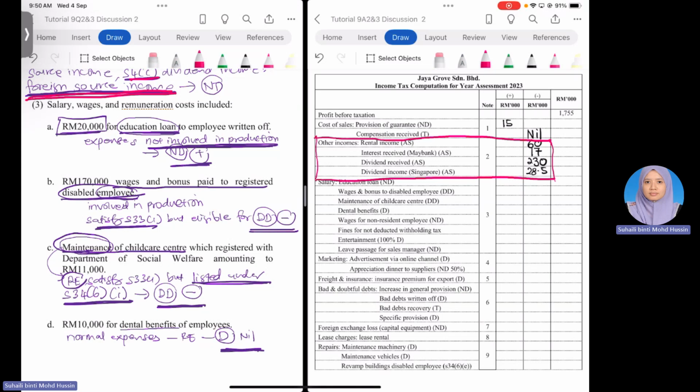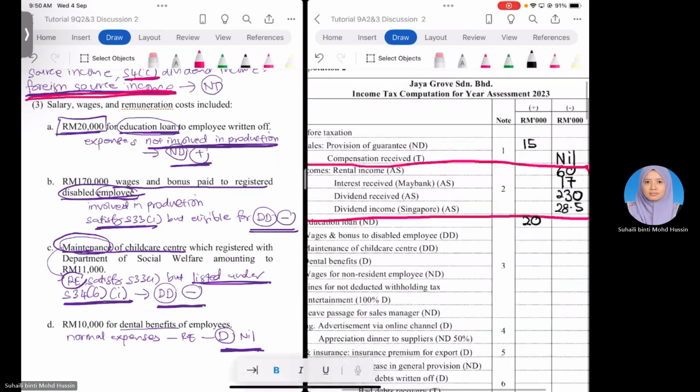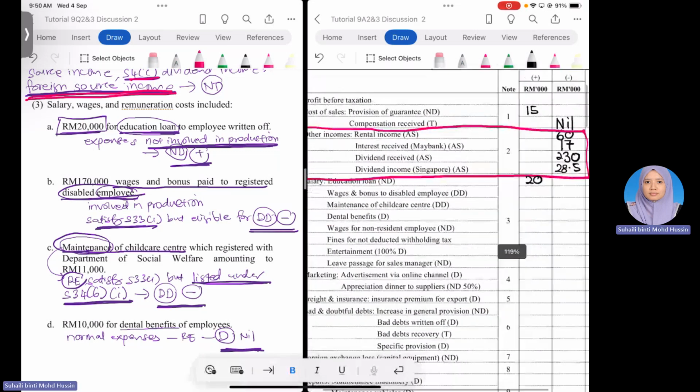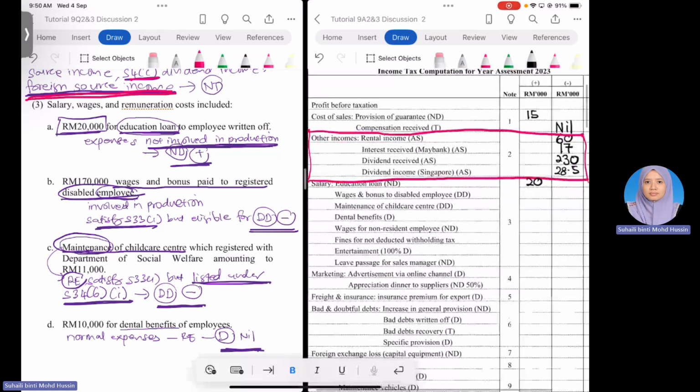So of course the 20,000 ringgit in the taxation is not allowed for deduction. Educational loan not allowed for deduction, so we have to add it back 20,000 ringgit.